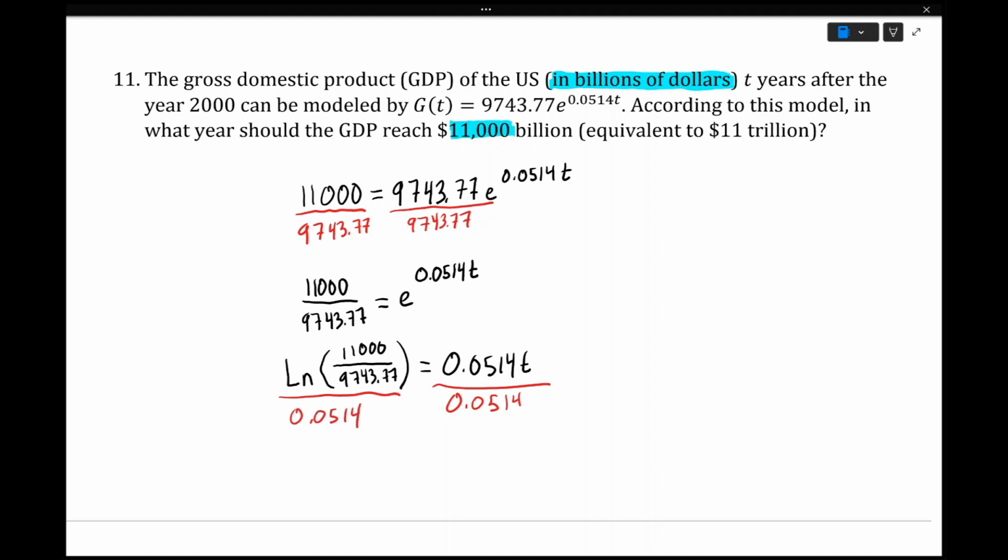And once again, I don't know what that number is going to be. I'm going to wait till the end. So I have natural log of 11,000 over 9743.77, all divided by 0.0514, and that's going to be what our time is.